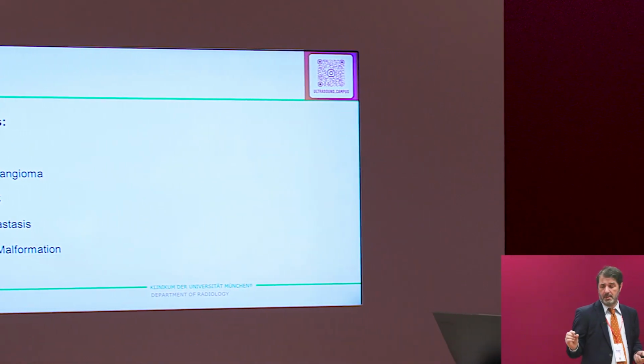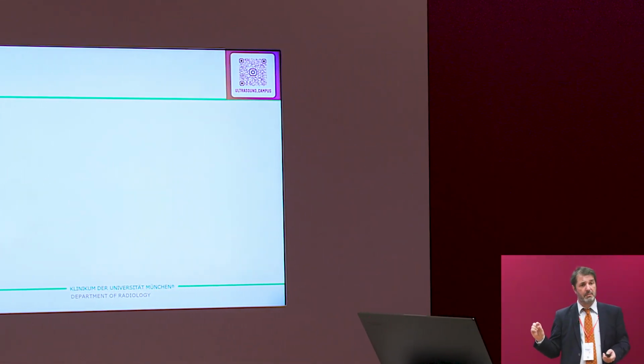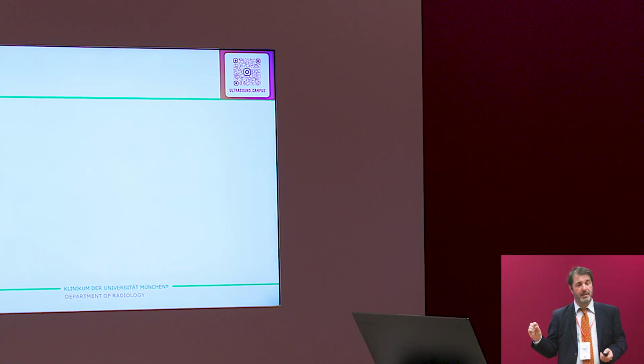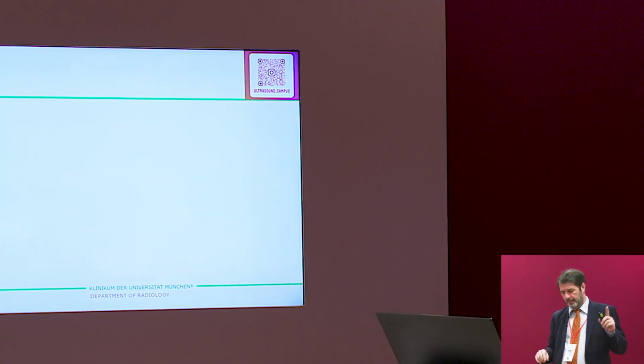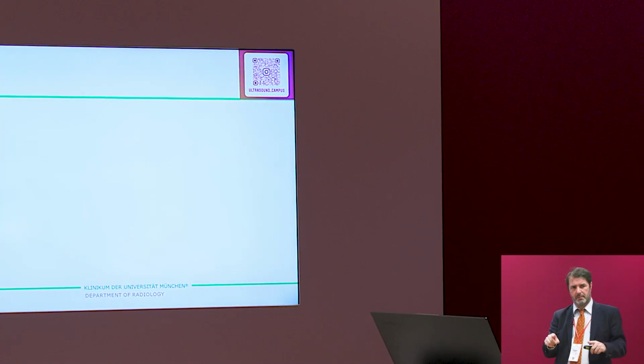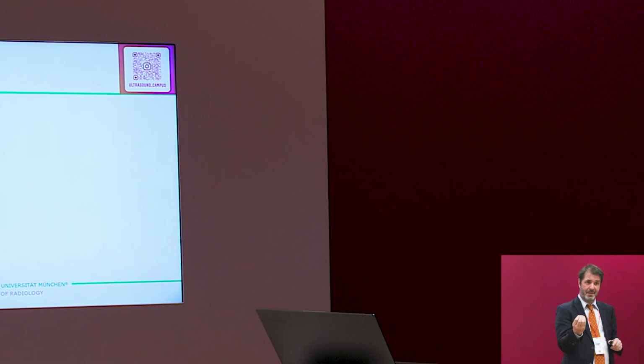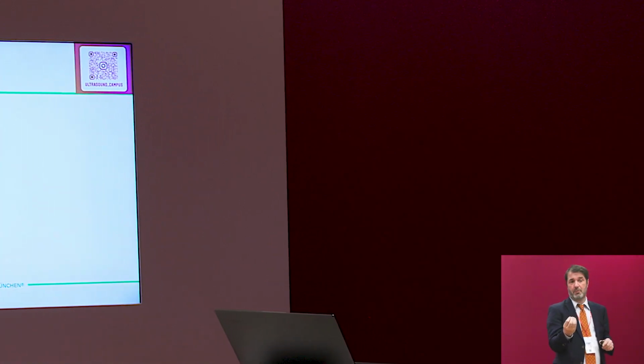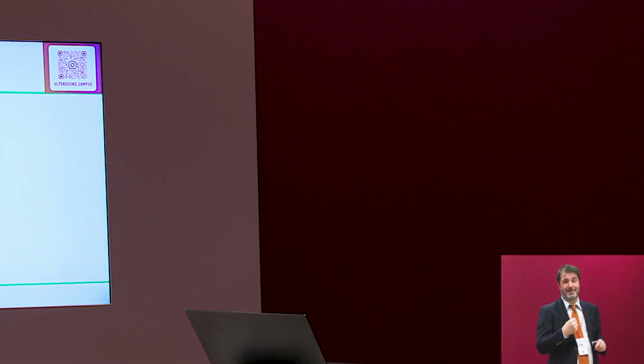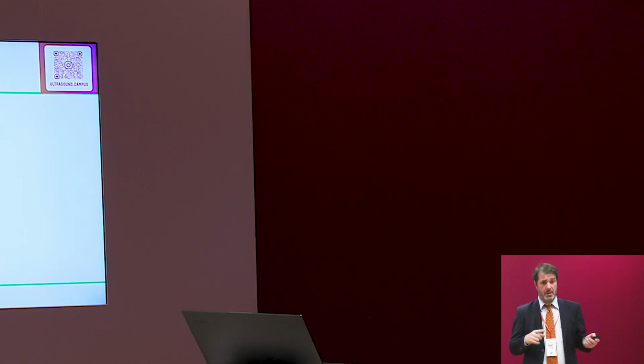This patient has a small AV shunt. What is it? An arteriovenous connection between the artery and the vein. That's the reason why it shows a strong uptake in the MRI, and when there's no contrast anymore, it's dark. So they made the wrong diagnosis.